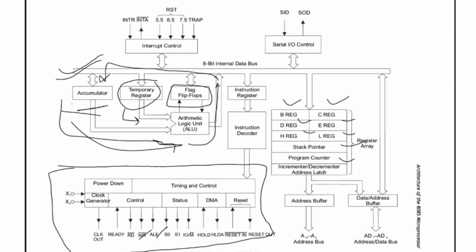Stack is nothing, just a part of memory which can be used as a stack. So the stack is a sequence of memory locations in the read-write memory. The starting of the stack is defined by loading a 16-bit address into the stack pointer.